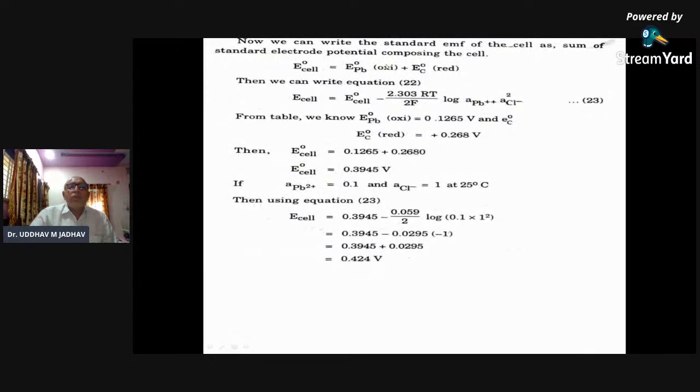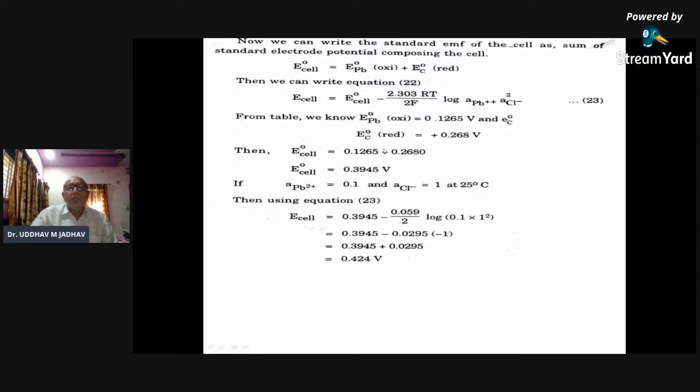Therefore E naught cell is E naught Pb oxidation plus standard electrode potential of calomel reduction, and E cell is equal to E naught cell minus 2.303 RT upon 2F log of the activities of this product.